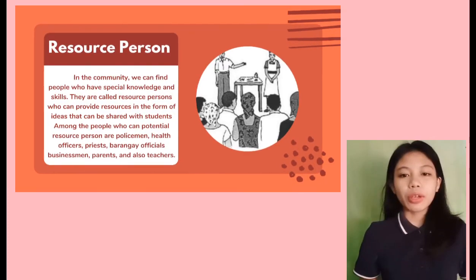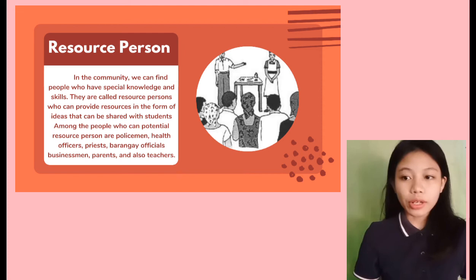So the next topic we are going to discuss is all about resource person. In the community, we can find people who have special knowledge and skills. They are called resource persons who can provide resources in the form of ideas that can be shared with students.